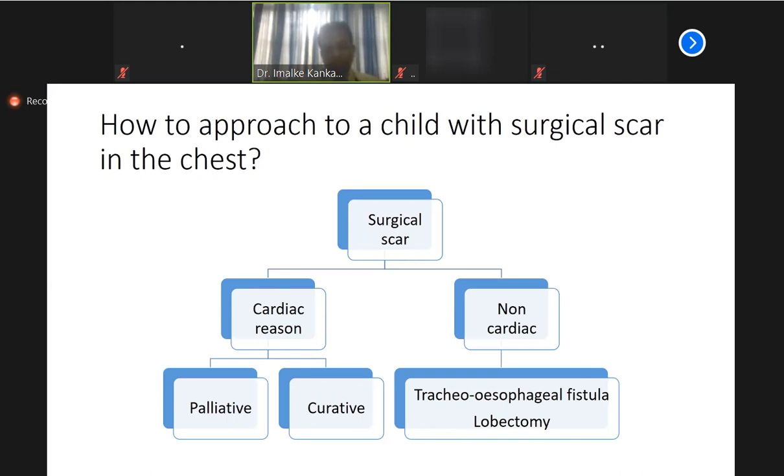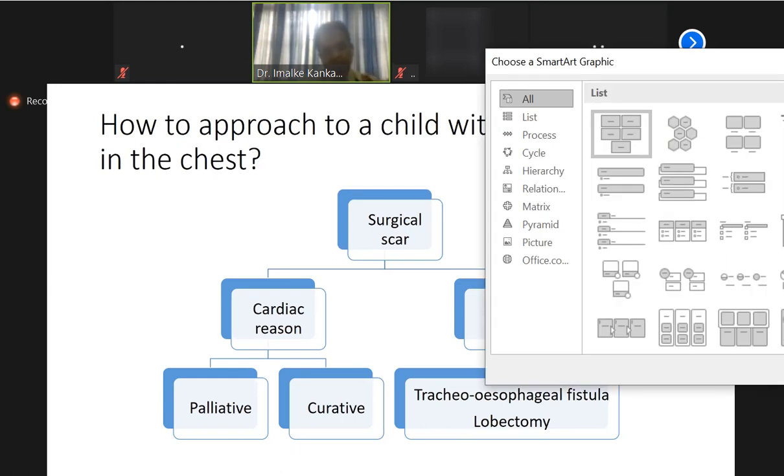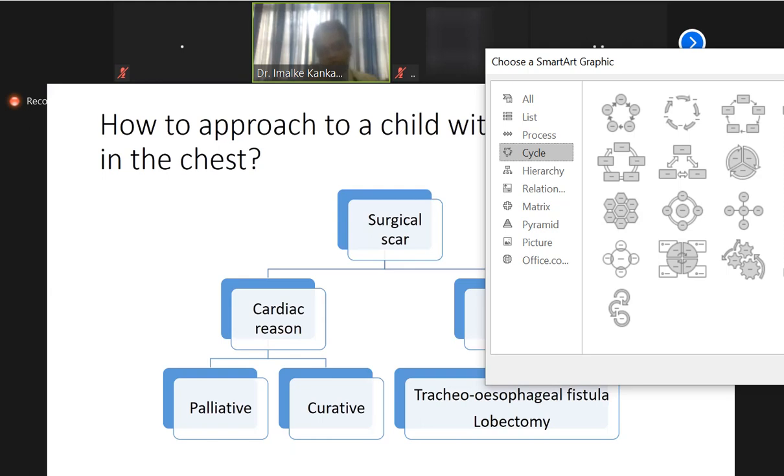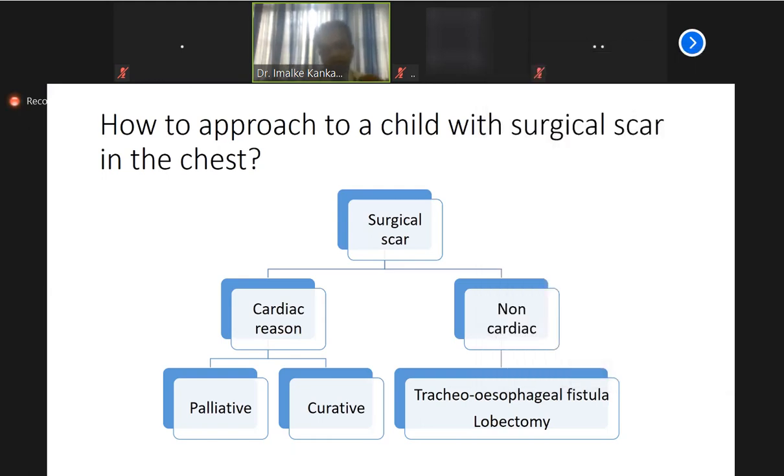If you see a surgical scar in the chest in your cardiovascular system examination, it may be related to the heart, maybe not. If it is cardiac related, that surgical scar could be a palliative procedure or a curative procedure. If it is non-cardiac, a lateral thoracotomy scar could be due to tracheoesophageal fistula as well.